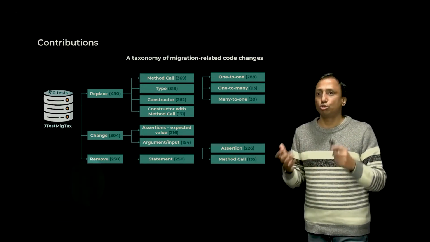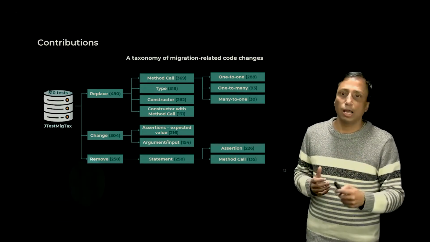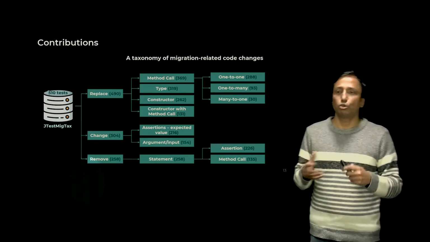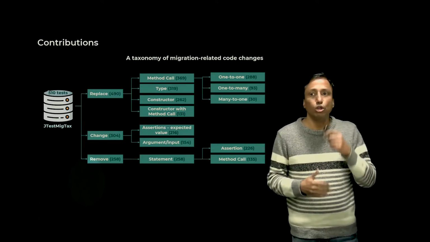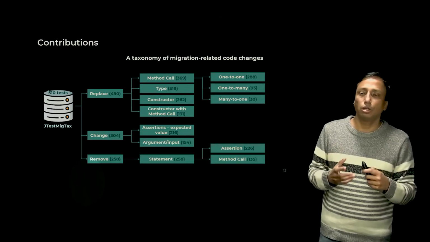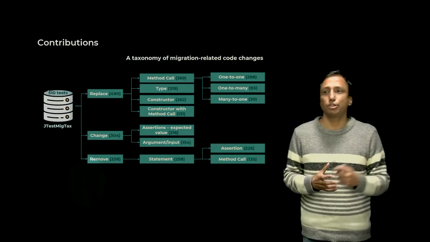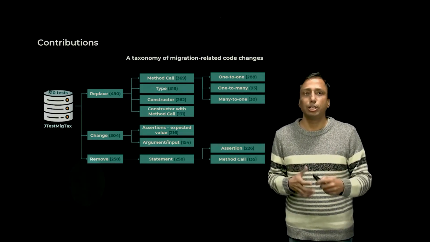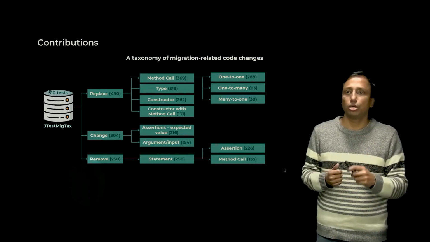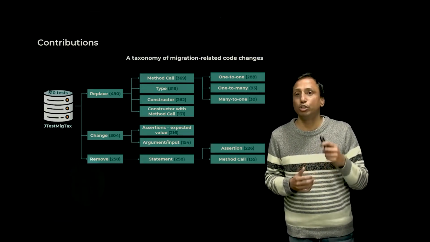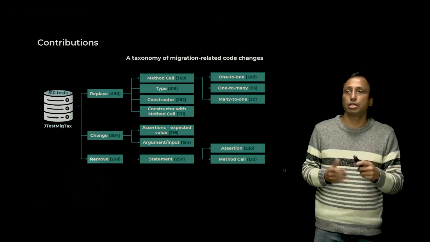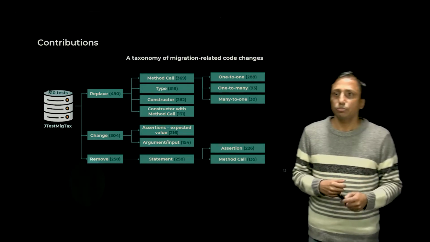For example, we needed to replace method call, type, constructor, constructor with method call, and vice versa. We also needed to replace one method call with multiple method calls and vice versa. Also, we needed to change inputs and expected output values in the assertions. And finally, we needed to remove statements that are no longer needed.